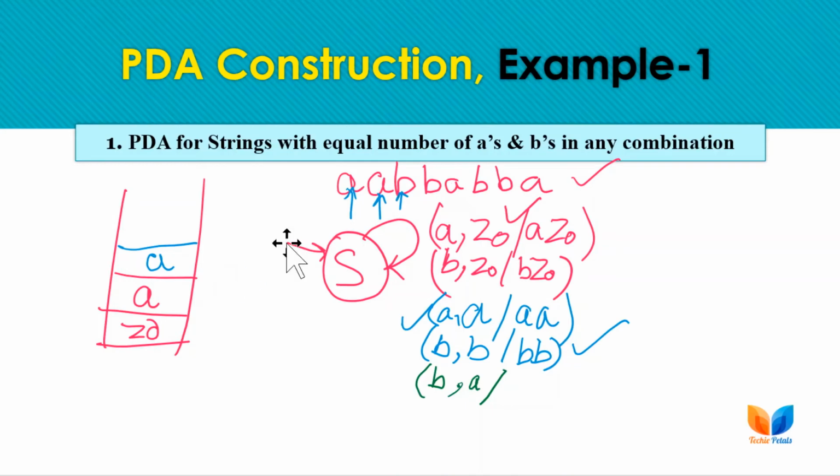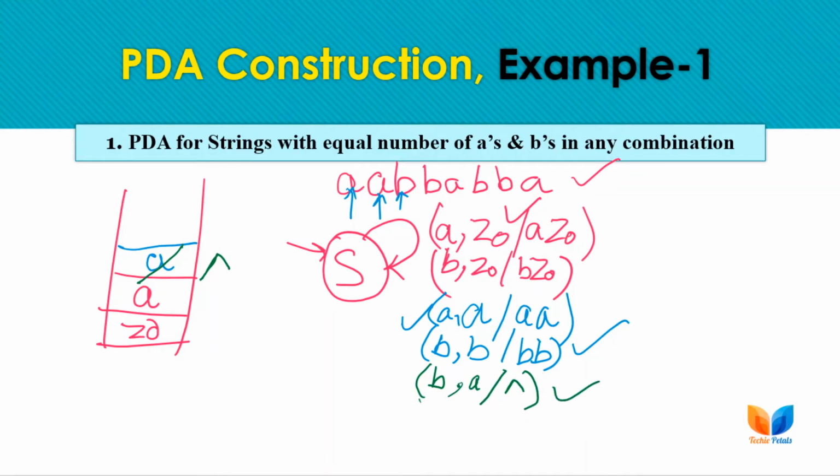So once we have a B corresponding to A, simply cancel it out: we perform a pop operation from the stack, replace it with null, and this is the corresponding transition. If we have B as input and the stack top is A, then replace it with null. This will be the pop operation here.